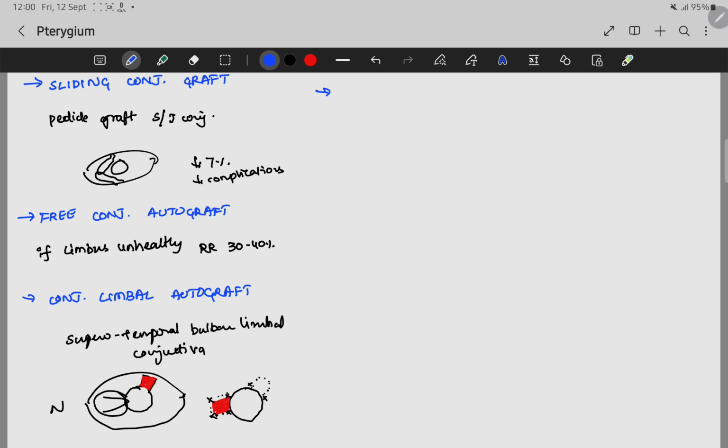Then we have conjunctival rotational autograft.